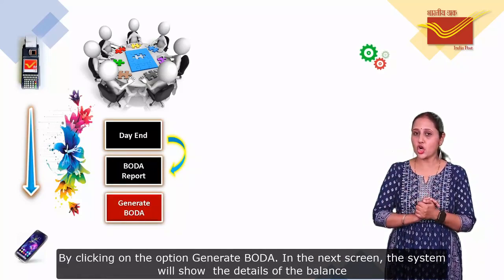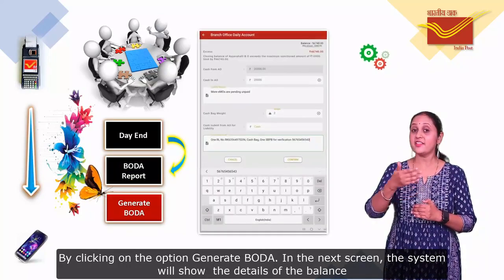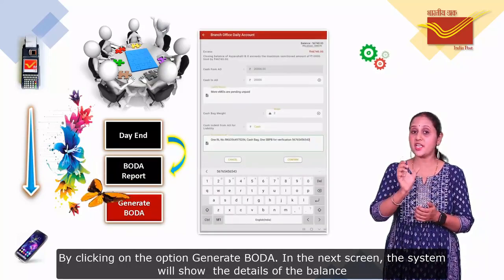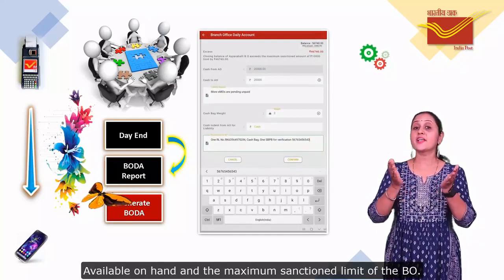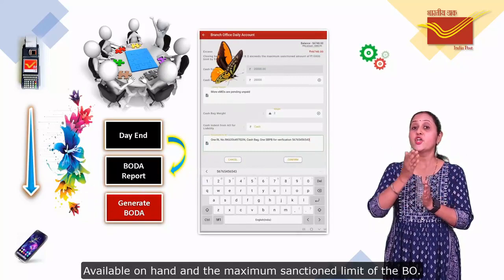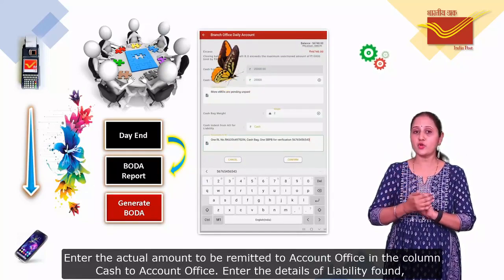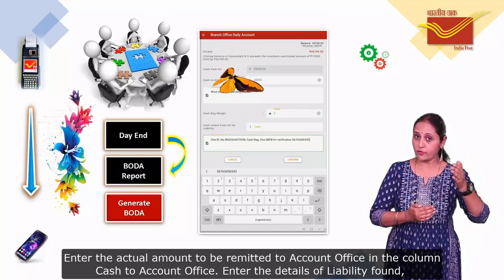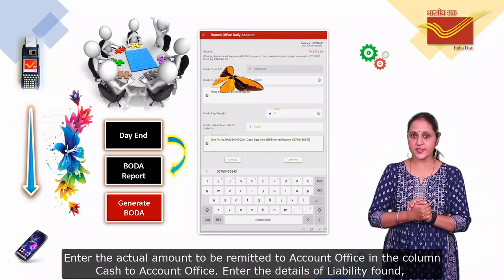By clicking on the option Generate Boda, in the next screen, the system will show the details of the balance available on hand and the maximum sanctioned limit of the BO. Enter the actual amount to be remitted to the account office in the column Cash to Account Office.